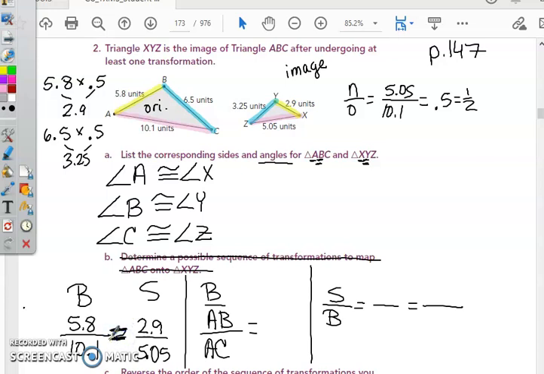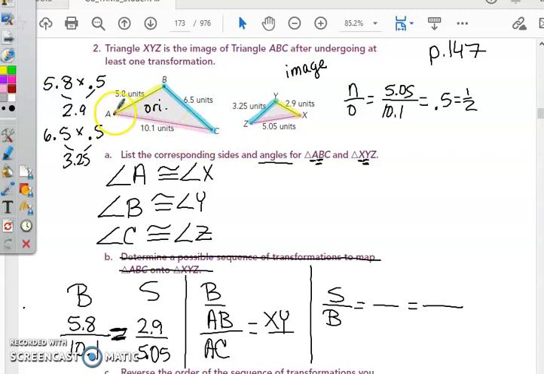Now, over here, AB, remember AB is yellow. Yellow here, AB, I'm going to go in the same direction, which is XY. Those correspond. Pink, AC, so I'm going to do it in the same direction, which is XZ.